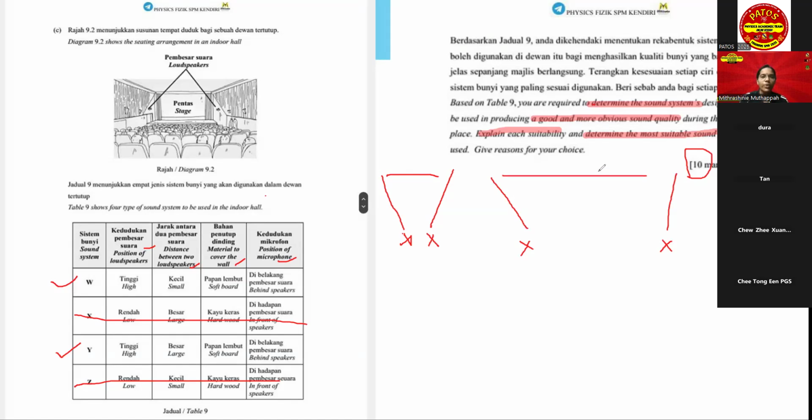If we keep them very close to each other, possibilities are that only a few audience members can hear the sound produced, and there might also occur an annoying sound. So based on my knowledge, I would go for the large distance between two loudspeakers, and that goes for Y. So finally I choose sound system Y.